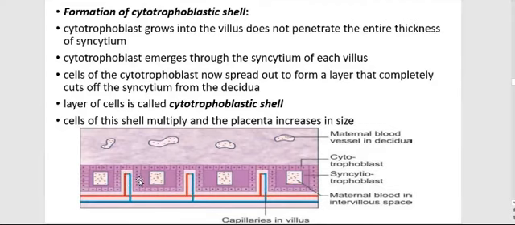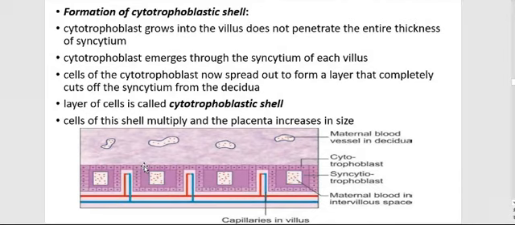But then the cytotrophoblast will grow and extend externally and cut off the syncytial trophoblast. So the cells will proliferate, extend outside the villus, and then create a layer which will now be the most superficial layer.